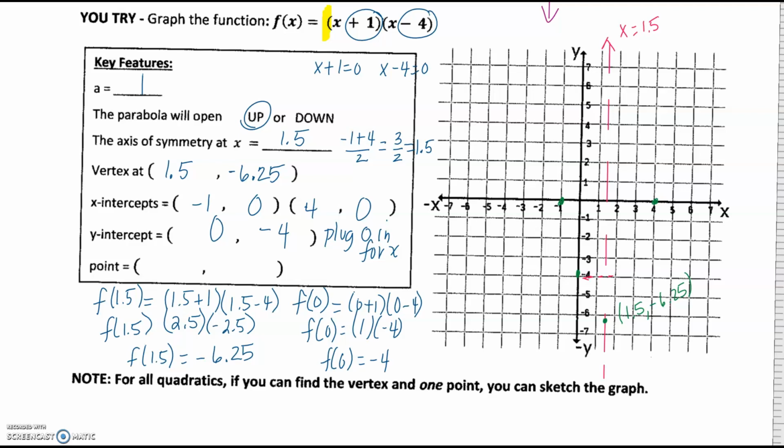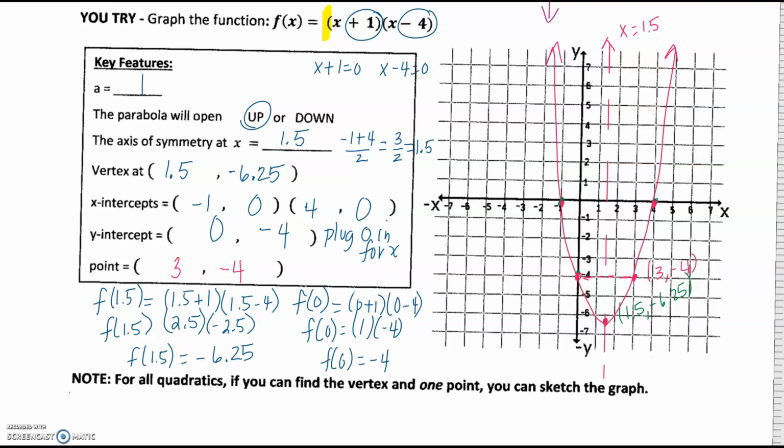So on the other side, we're going the other half and a whole. And what is that giving us? That's giving us the point 3, -4. So we have that point, that point. These are all my points, making my parabola. And I bring it up like that. So that other point was 3 on the x, -4 on the y.